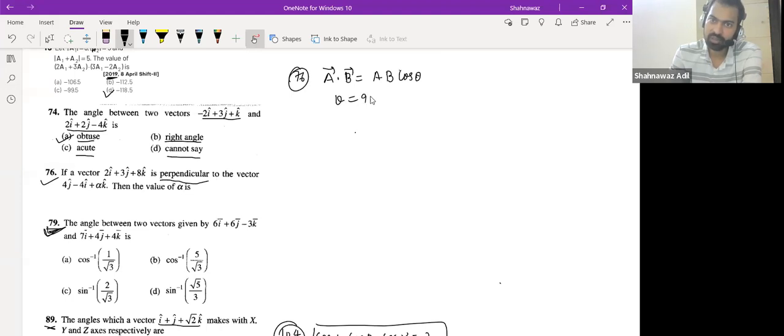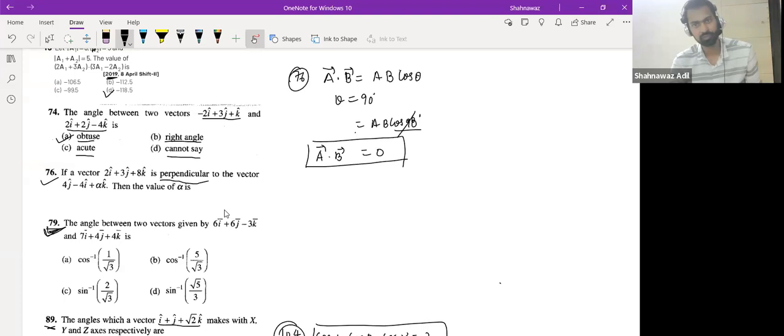Perpendicular, theta is 90. So AB cos 90, right? Cos 90 is 0. So for two vectors to be perpendicular, their dot product is how much? Yes, guys.